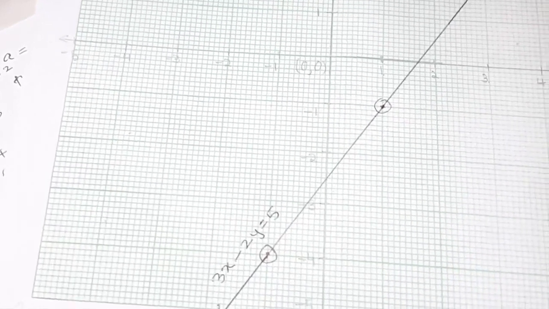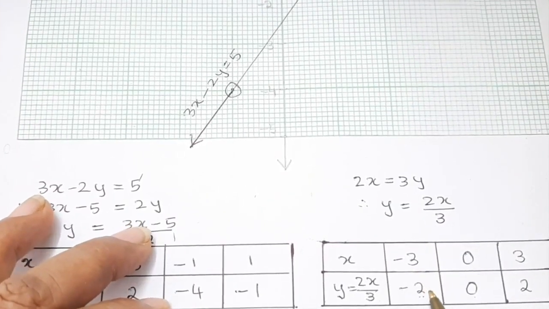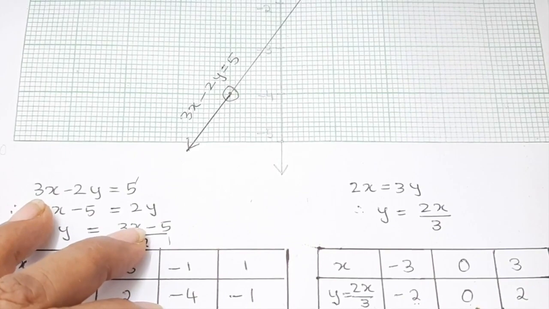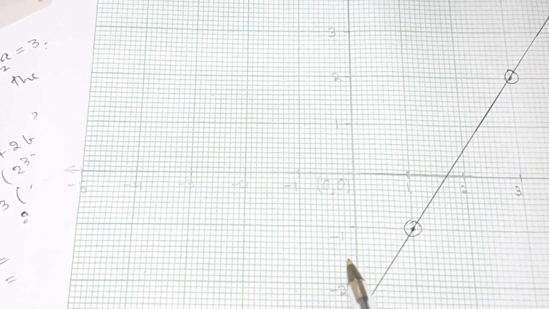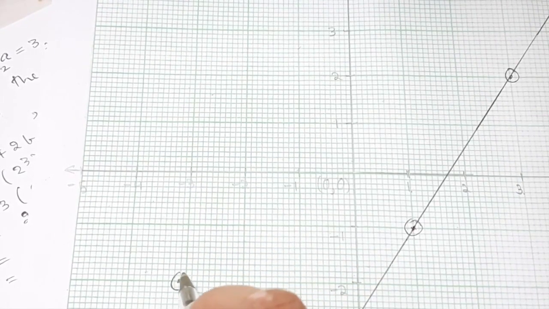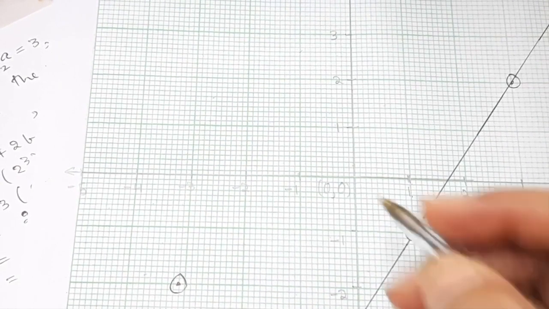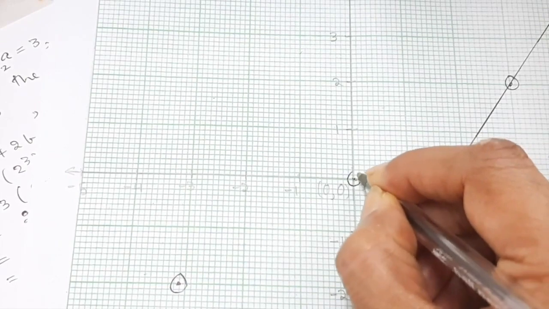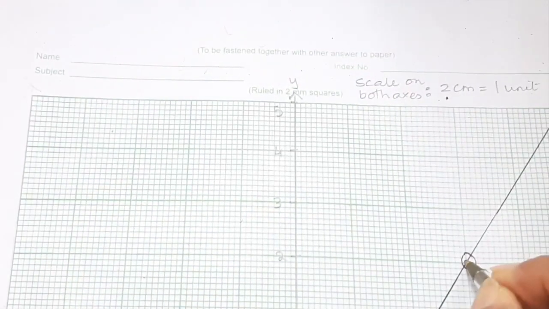Now for our second line, our points are here: minus 3 comma minus 2, 0 comma 0 and 3 comma 2. So this is minus 3 and this is minus 2. So this is our first point. Then we have 0 comma 0, that is this point, and then 3 comma 2 is this point.